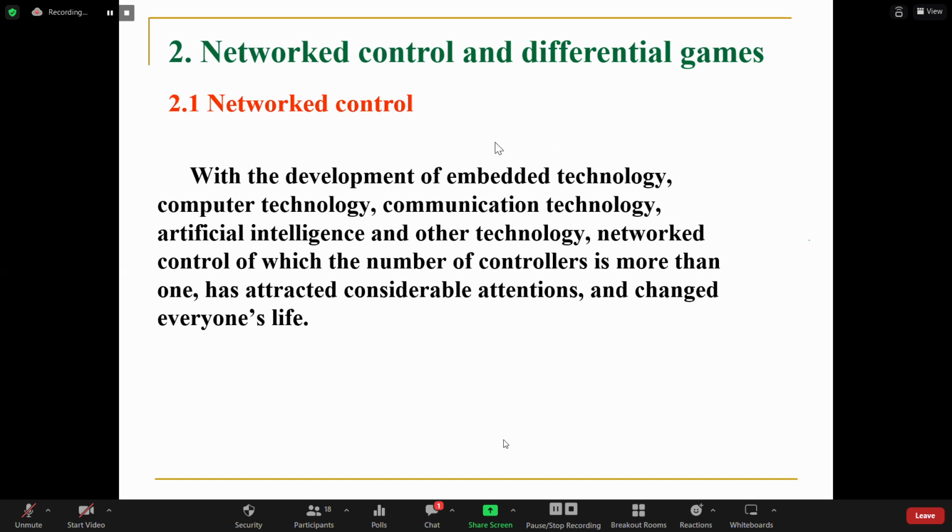Then let's talk about something about the network control and the differential games. With the development of embedded technology, computer technology, communication technology, artificial intelligence, and other technology, network control, of which the number of controllers is more than one, has attracted considerable attention and changed everyone's life.